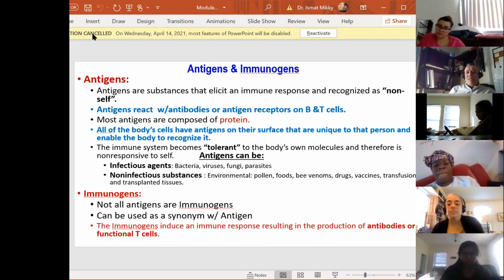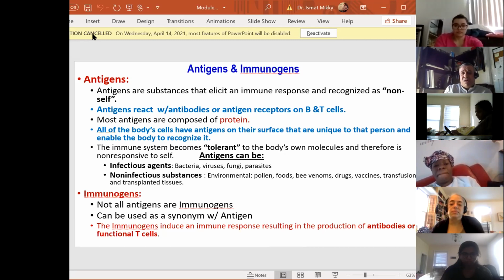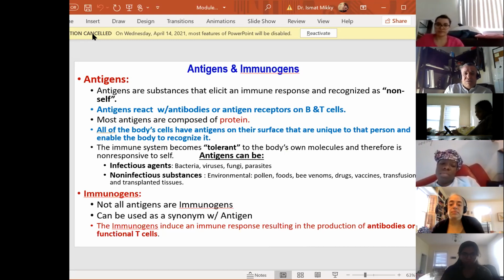Now the antigens, which are the substance or particles or molecules that are going to elicit the immune response. So the immune reaction or immune response would be elicited. When you inject a person with the COVID vaccine, that's the antigen.